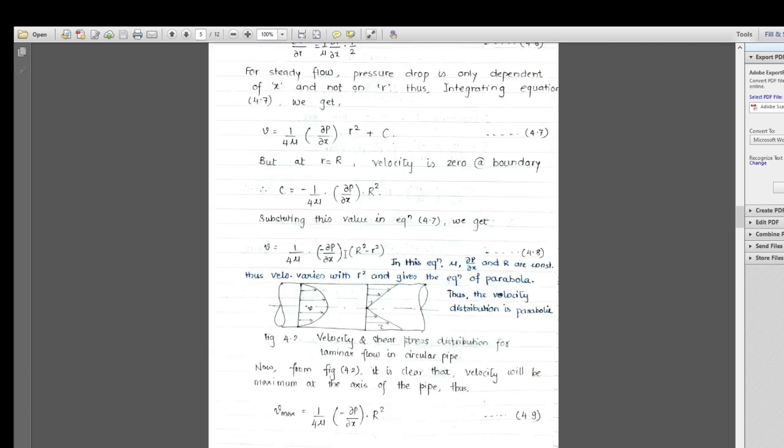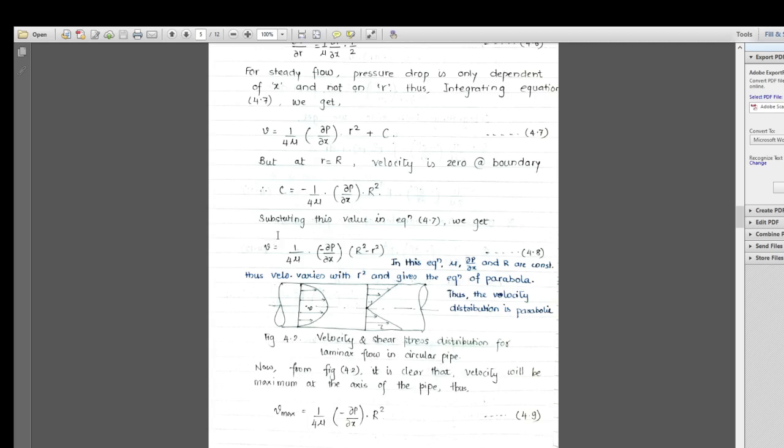If we take R square common, we will get R square bracket 1 minus small r square upon capital R square.